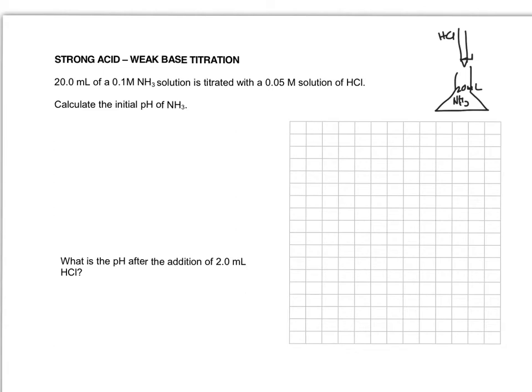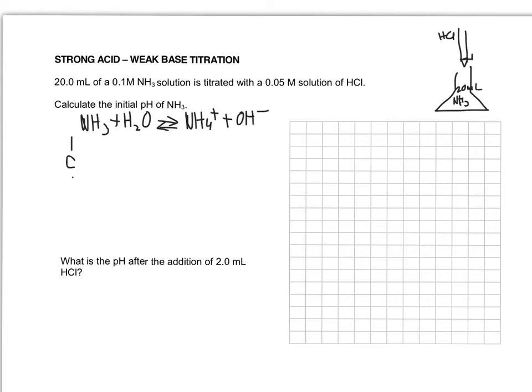So I want to calculate the initial pH of just my NH3. So I have a weak base. To find the pH of a weak base, what do you do? You write the dissociation and an ice chart. Let's do that. So I have NH3 and water, equilibrium. I get NH4 plus, OH minus.